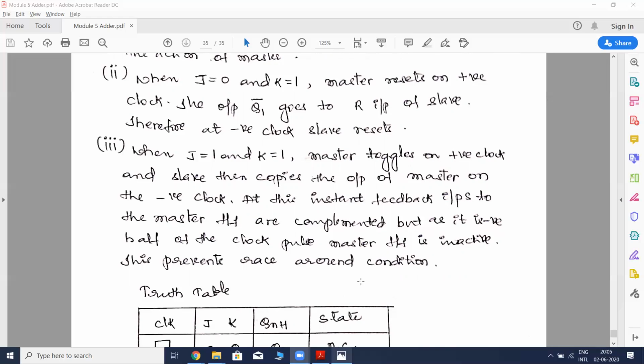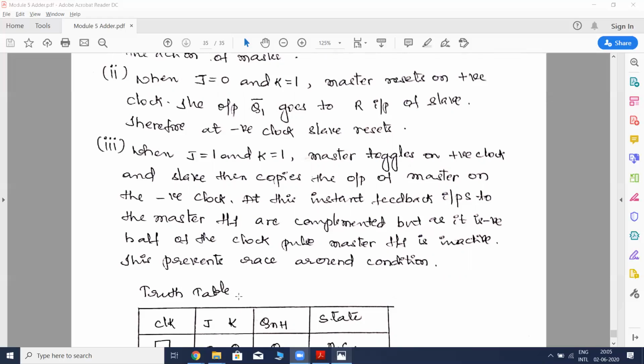In the previous case, you could see that Q and Q bar are taken directly from there, so since feedback is available, Q is going to set and reset. Now it is not happening, because during the positive edge the master is active, and during the negative edge the slave is active and will copy the master.